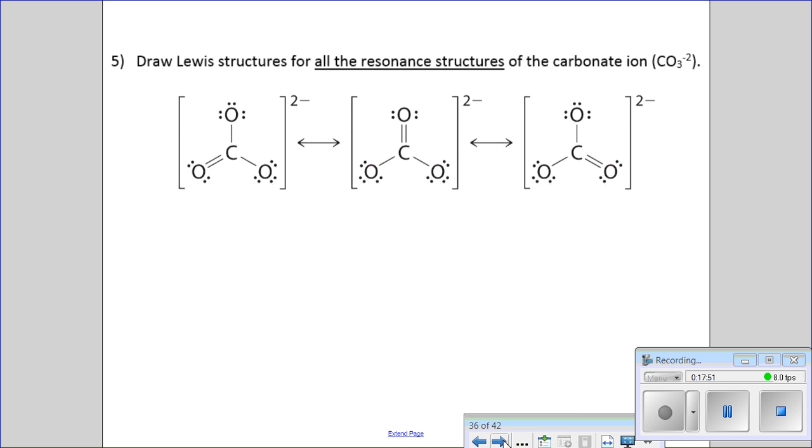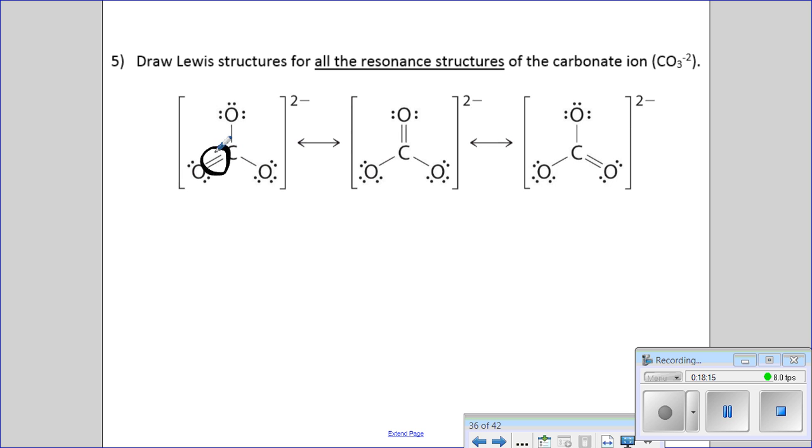So here is your carbonate ion, and you could start with any of these 3 structures, but recognize the fact that you have this double bond between carbon and oxygen. And that double bond is really not truly a double bond, it's a hybrid bond. It's sort of in between a double and a single bond.